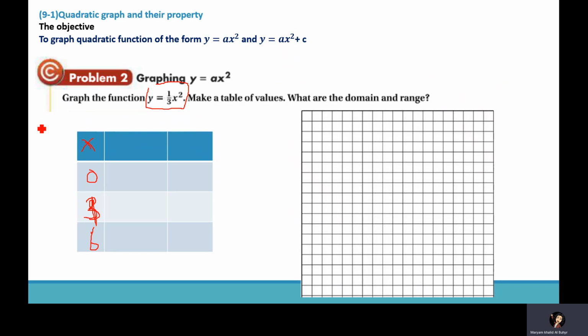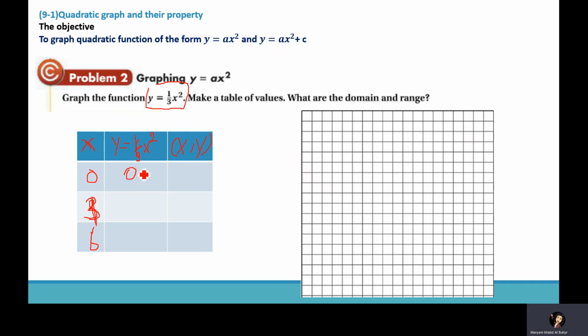Let's do it. If I substitute 0 here, y equals 1/3 x to the power 2, and the point x, y will be 0 and 0.